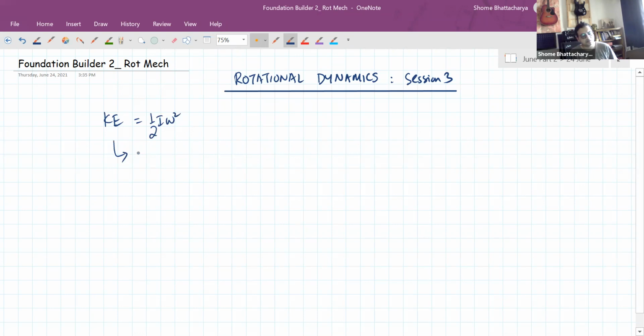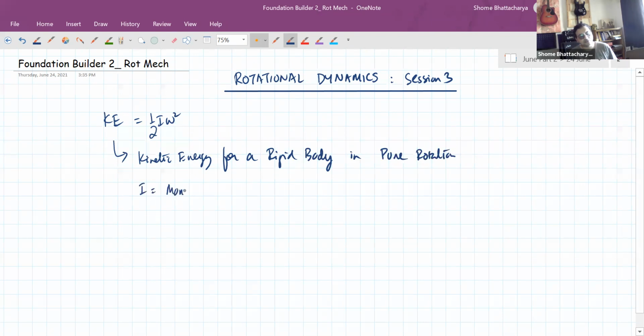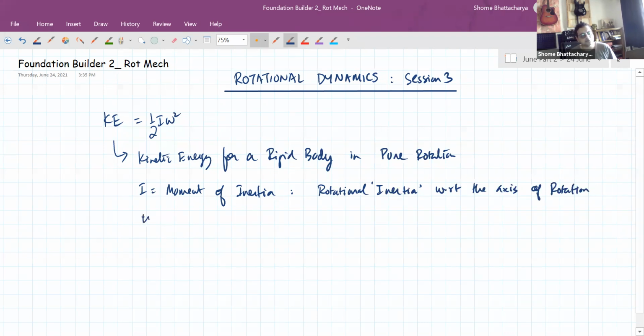This is the kinetic energy for a rigid body in pure rotation, where I is the quantity called moment of inertia, which is basically the rotational inertia with respect to the axis of rotation. And of course, omega is the instantaneous angular speed.